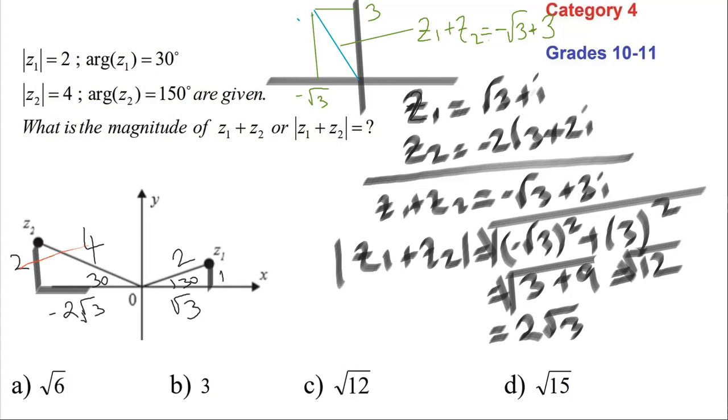Same thing we can do here. First take half, because this is half of the hypotenuse, and this is root 3 times this one. So 2 root 3. Since this is the negative side, this will be negative.